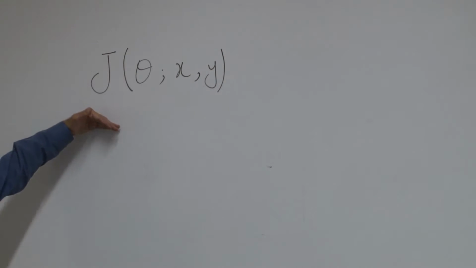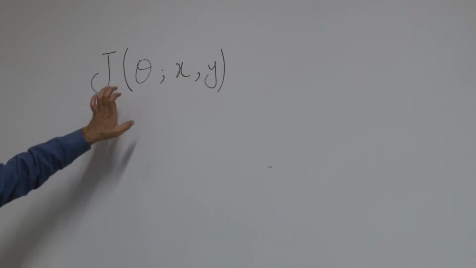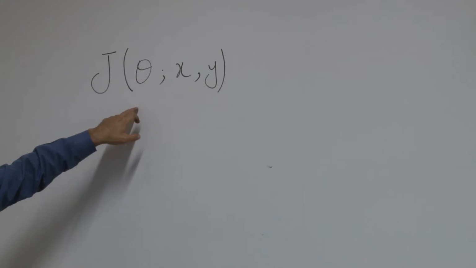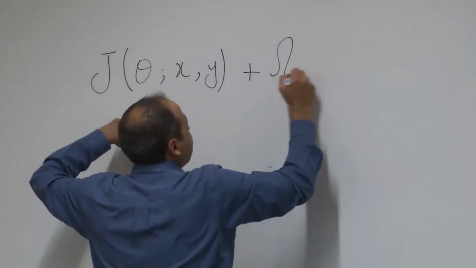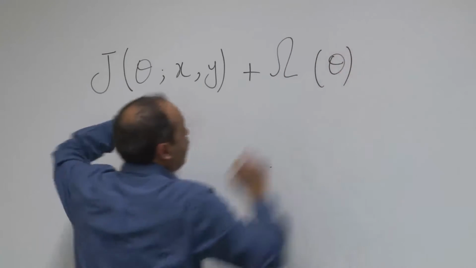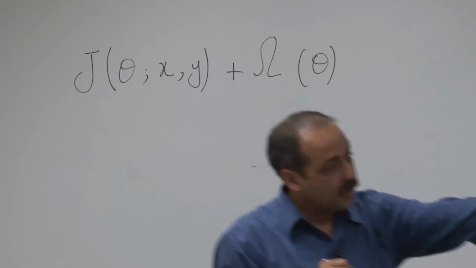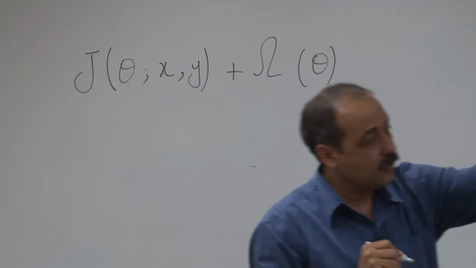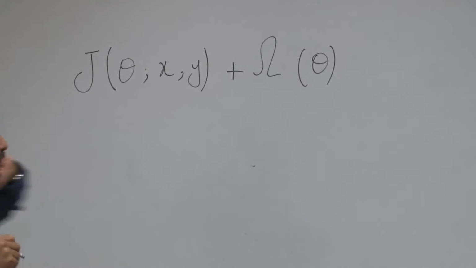We are minimizing this over the training set. That's the only thing that we have. But that's not enough, because if you do so, you're going to overfit your model. We're going to add a penalty function here, and this penalty function should be small for low complexity models, and large for high complexity models.